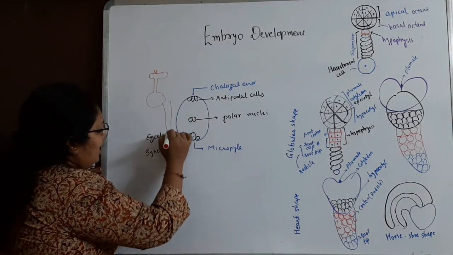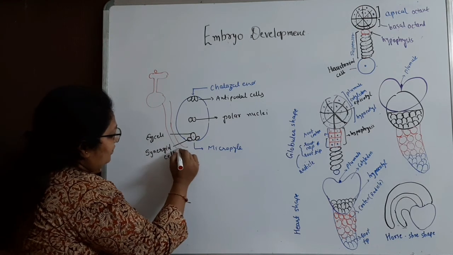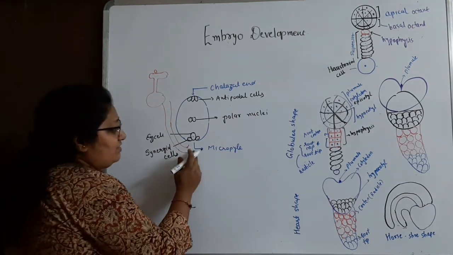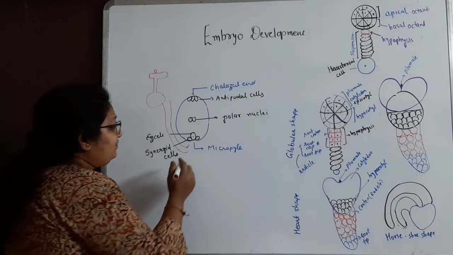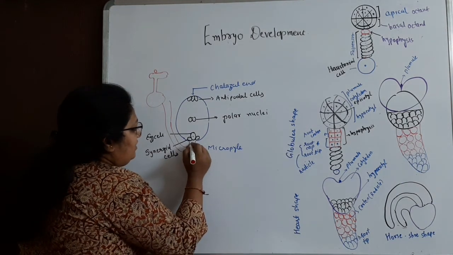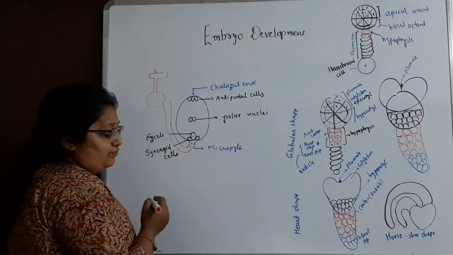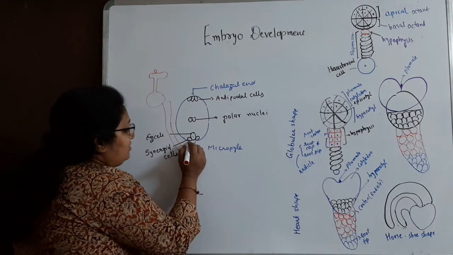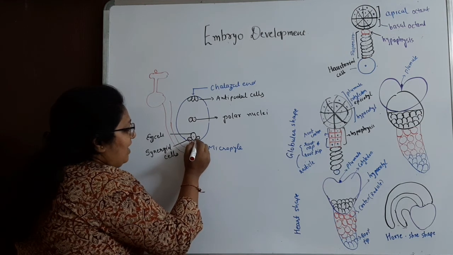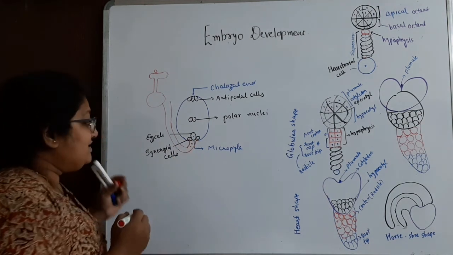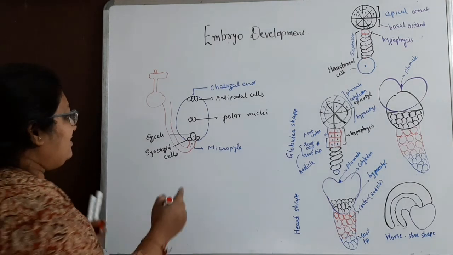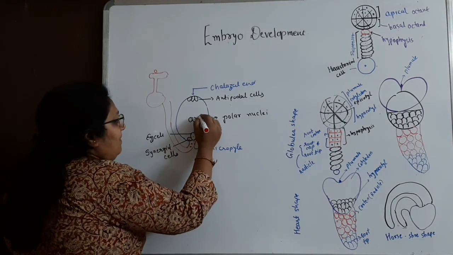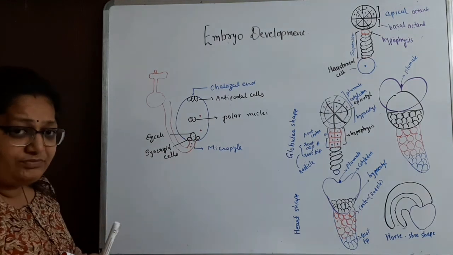The pollen tube passes through the style and reaches the micropyle. It enters through the synergid cells by the filiform apparatus and releases its two male gametes into the embryo sac.